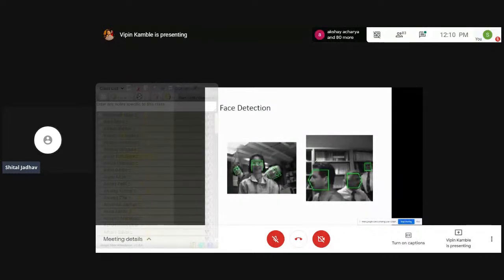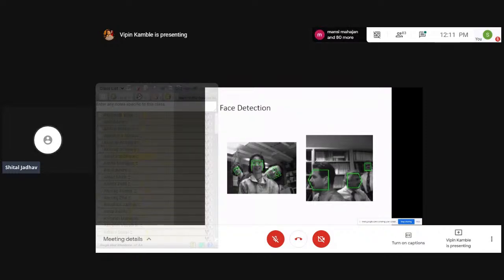Why? Because the pattern is fixed. White color, then some black color, round in shape, and then again the white color. This pattern is the same for each and every individual, irrespective of their skin color, gender, height, width. So try to find out two eyes.